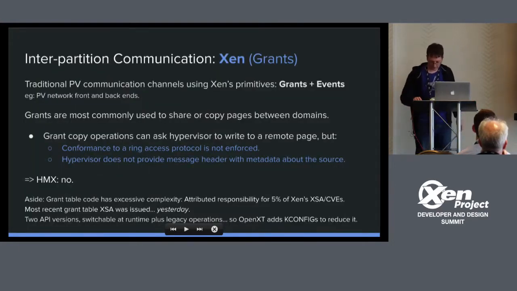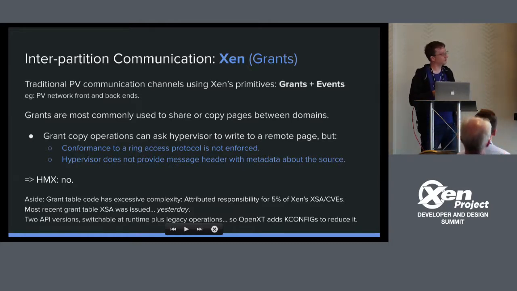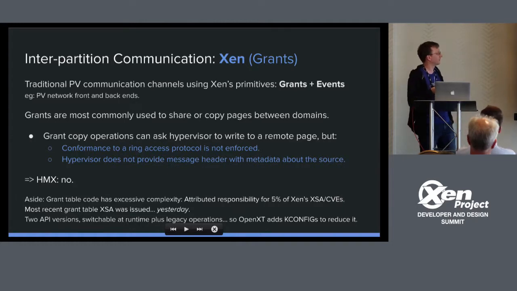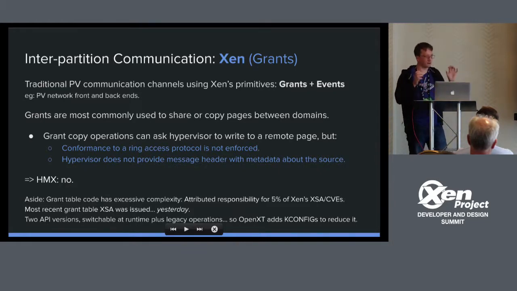So covering the existing interpartition communication, if we look at what's in Xen prior to Argo, you're using the grant tables and the event mechanism. So grants are typically used to establish shared memory regions. There are grant primitives that can do a data copy from one VM to another.